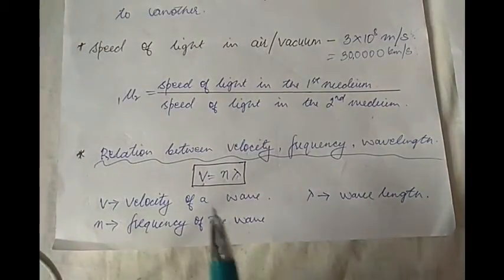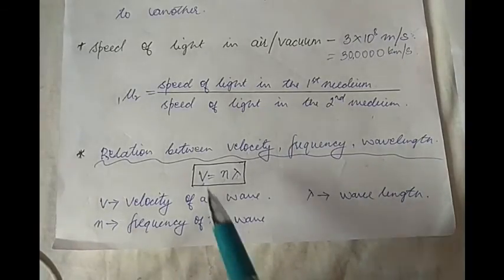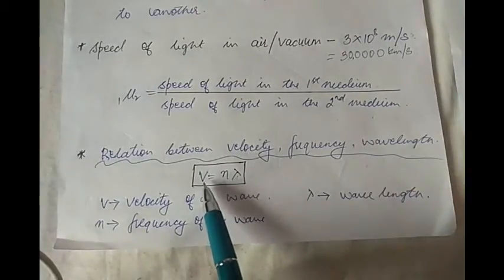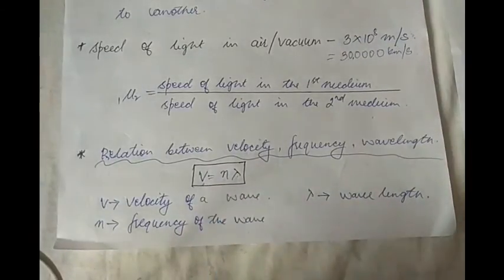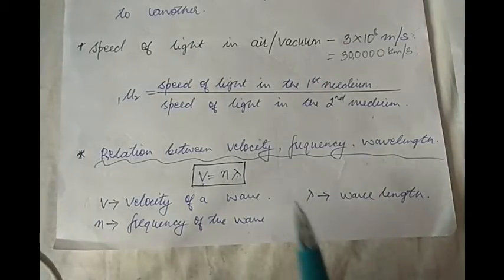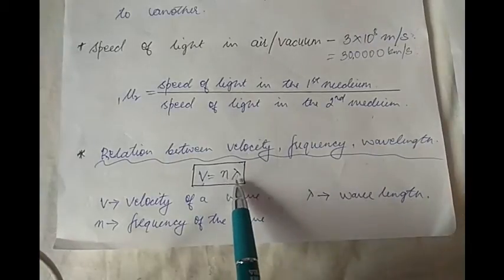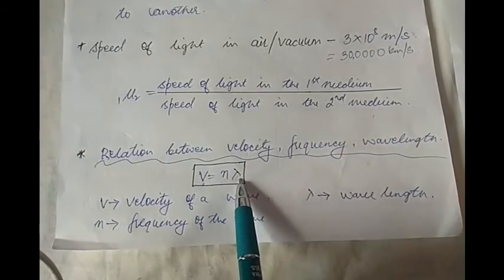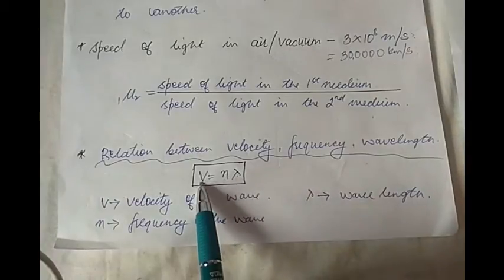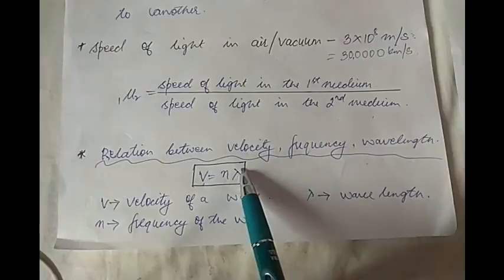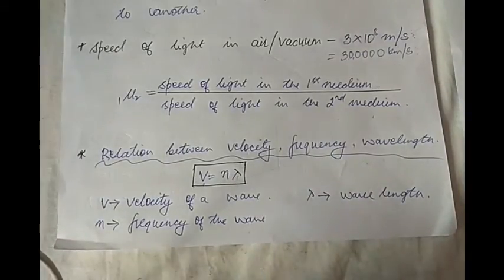So understand one thing very clearly now: whenever refraction takes place, the speed of light changes. So whenever the speed of light changes, when it moves from one medium to another, there has to be either a change in frequency of light, or a change in wavelength of light, or a change in both. Since there is a change in speed happening, there has to be either a change in n, or a change in lambda, or a change in both.